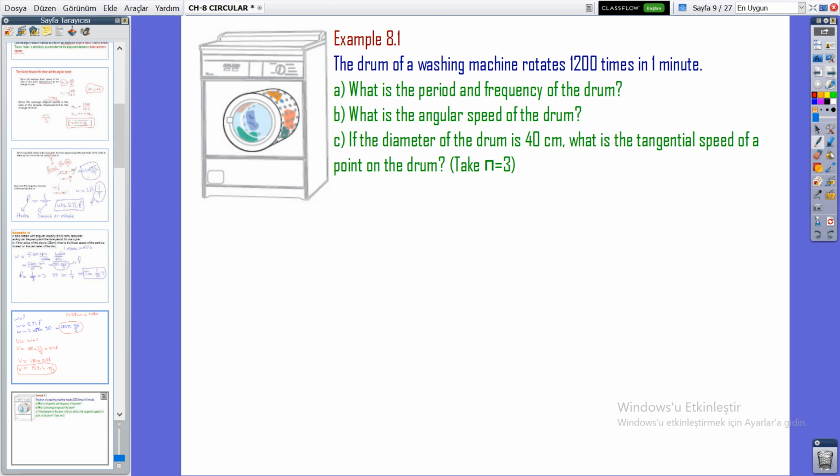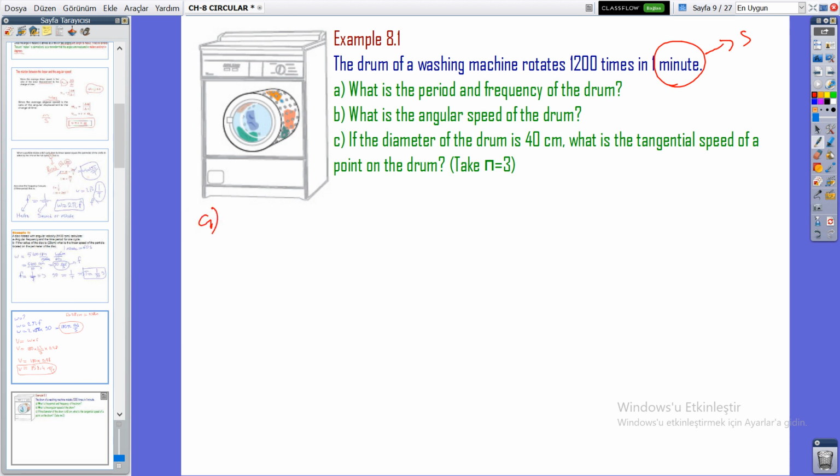Careful, it is giving the minute; we must change minute to second. Question A: what is the period and the frequency of the drum? B: what is the angular speed of the drum? C: if the diameter of the drum is 40 centimeters, what is the tangential speed of a point on the drum?